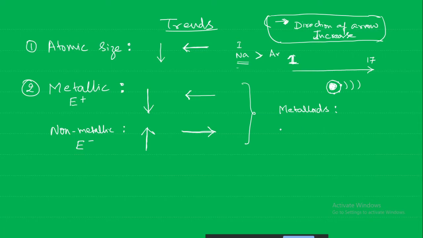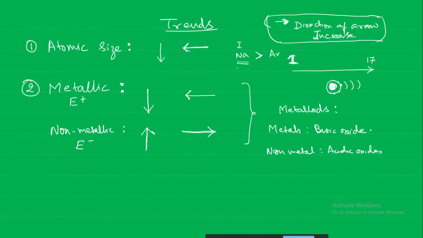Metals will form what type of oxides? I'm talking about chemical properties. Basic oxides. So metals will form basic oxides, and non-metals will form acidic oxides.